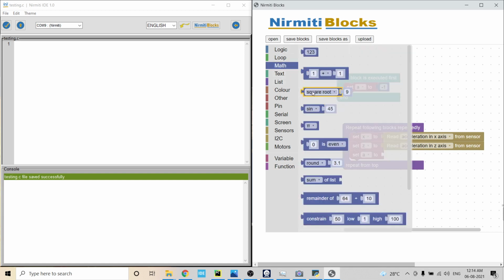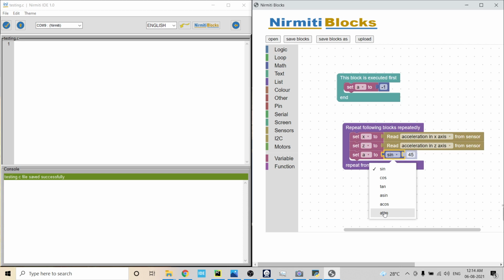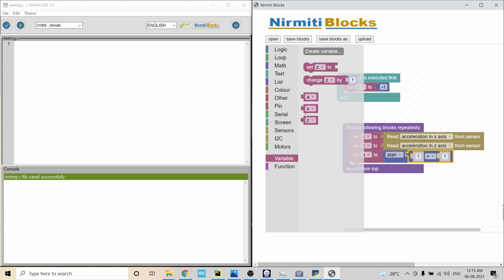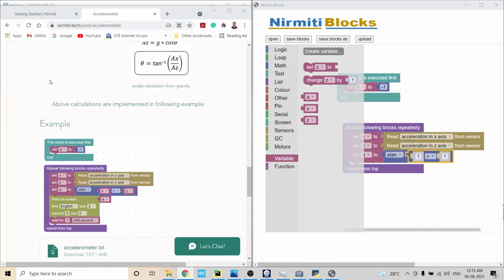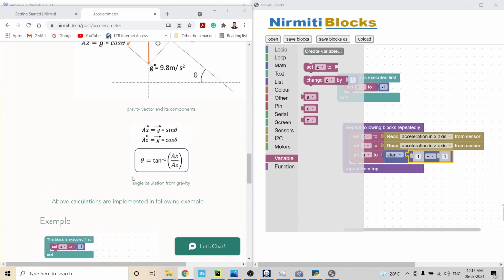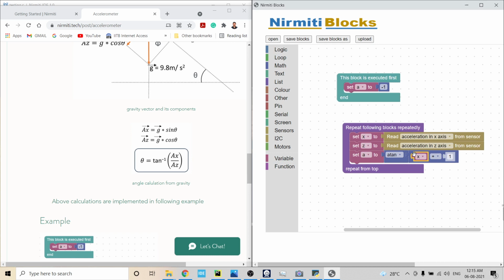We will get trigonometric functions here. Then we need to put the formula: tan inverse of AX upon AZ, where AX means x and AZ means z. Here select this divide by.